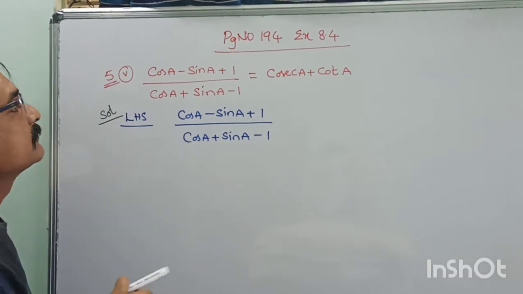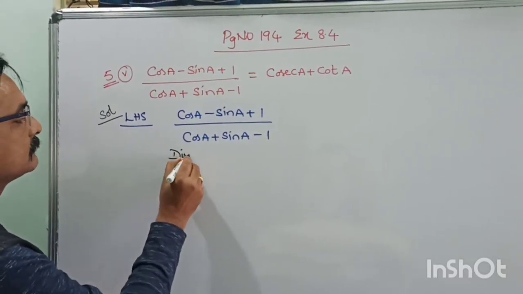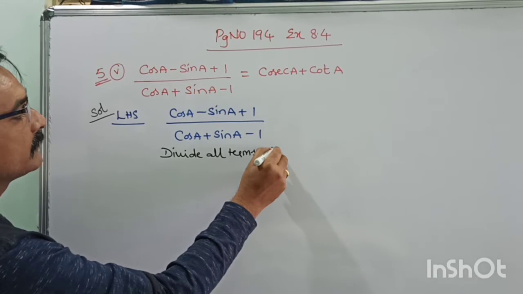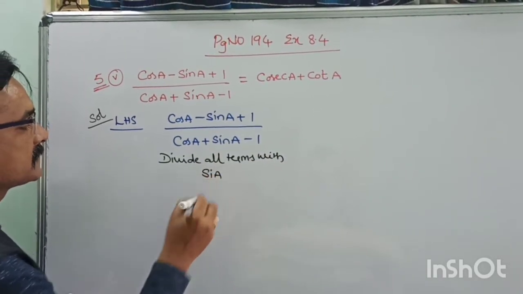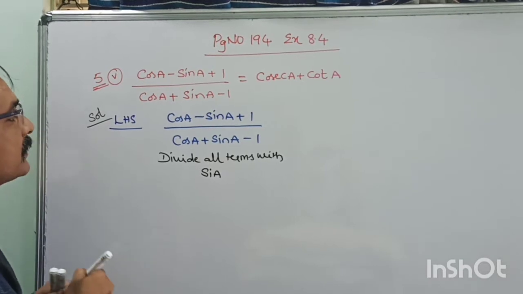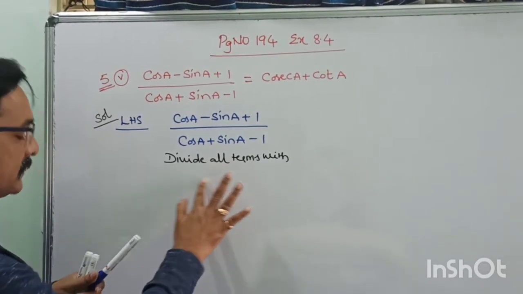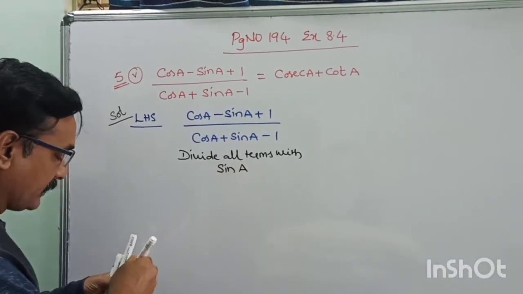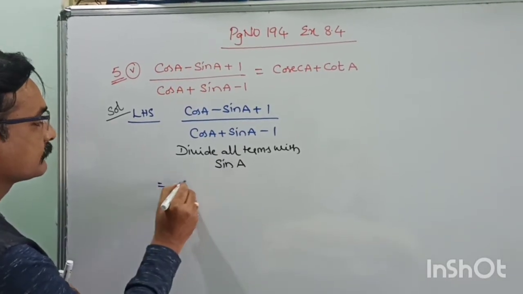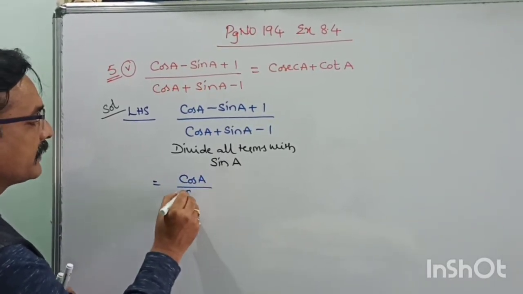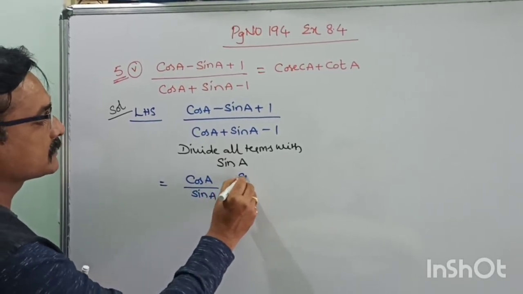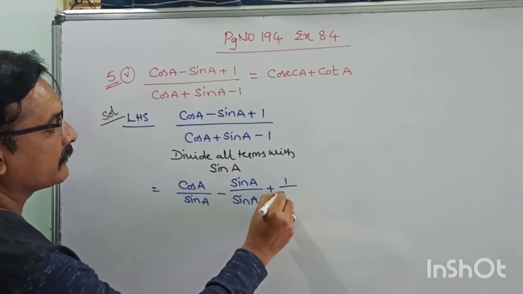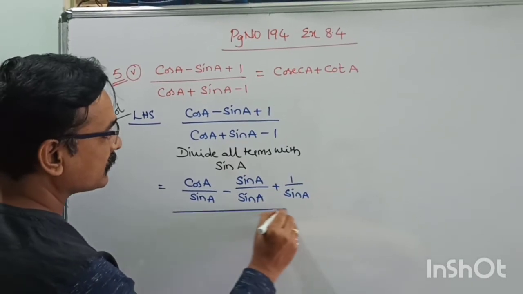Now we divide all terms with sin A. When we divide all the terms with sin A, we get cos A by sin A minus sin A by sin A plus 1 by sin A in the place of the numerator.